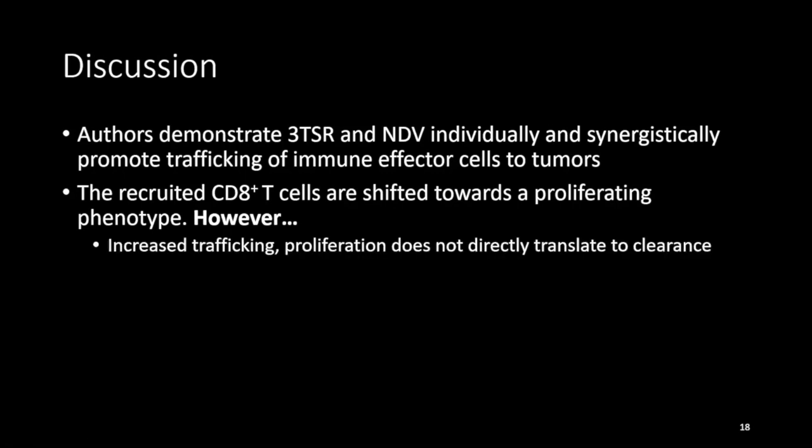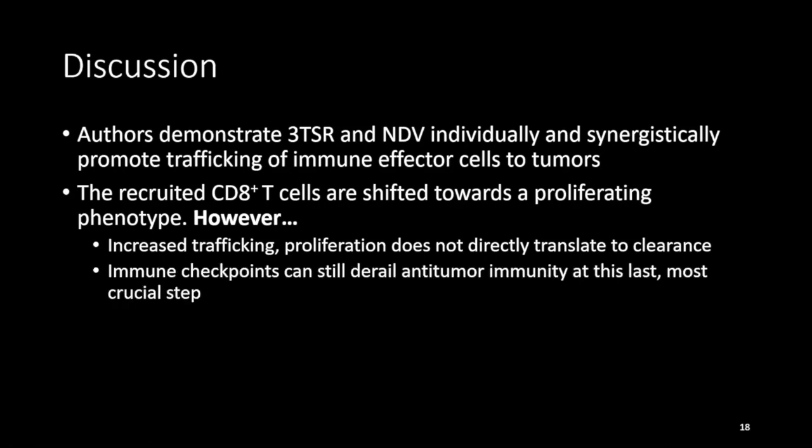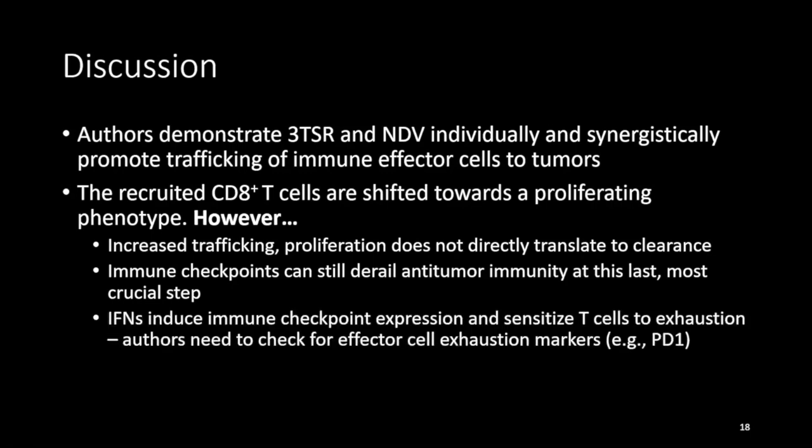However, as mentioned previously, the increased trafficking and proliferation does not necessarily translate to tumor clearance, and even if your lymphocytes are infiltrated, immune checkpoints can still derail anti-tumor immunity at this last, most crucial step, and render all the previous buildup pointless. And lastly, the interferons induce immune checkpoint expression, and they sensitize T cells to exhaustion.